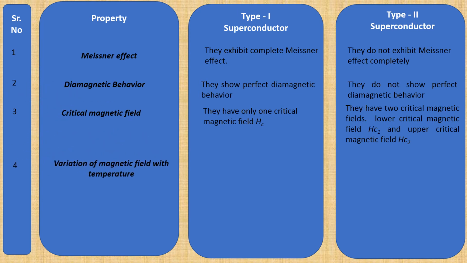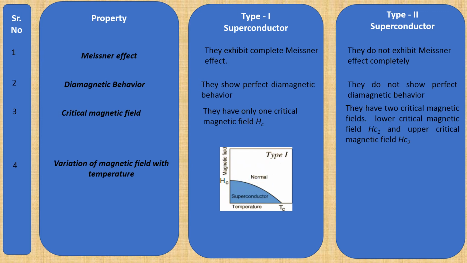Next point is the variation of magnetic field with temperature, meaning if temperature changes, how the magnetic field varies. We see this in the diagram. For a type 1 superconductor, along the x-axis there is temperature, and along the y-axis the magnetic field.